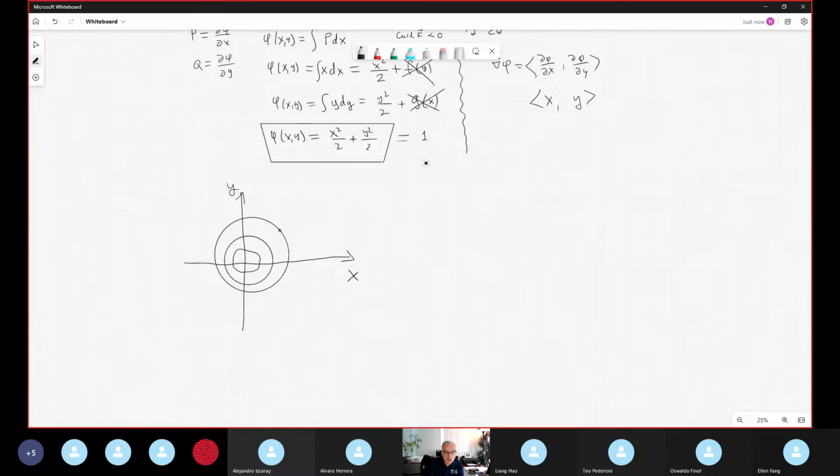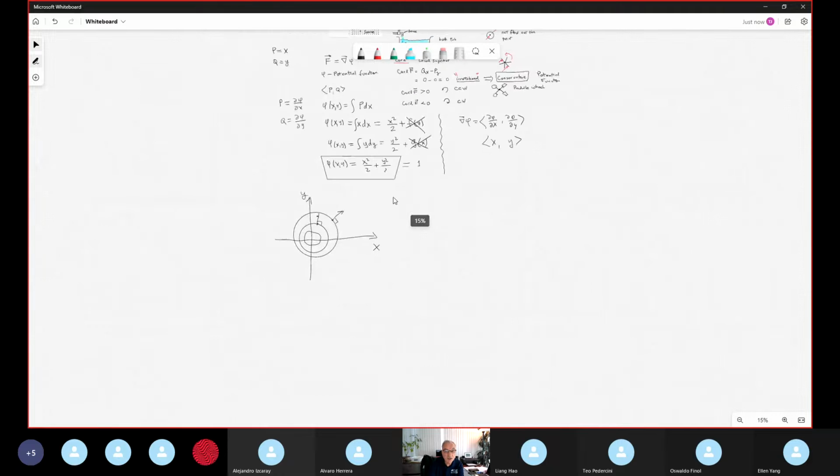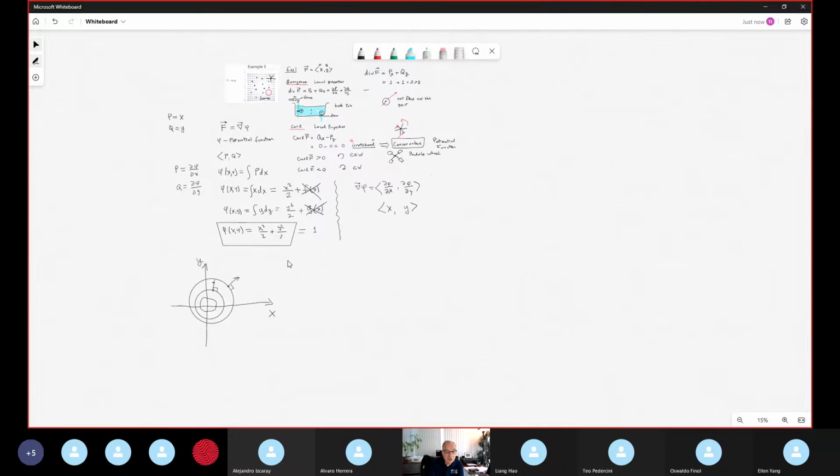So if I want to do the vector field by hand, well, one possibility is to do the sketch of different potential functions, and you put here orthogonal, perpendicular, at any point, our vector field. I promise that I want to explain in detail the application of the potential function in due time, in detail, but not now.